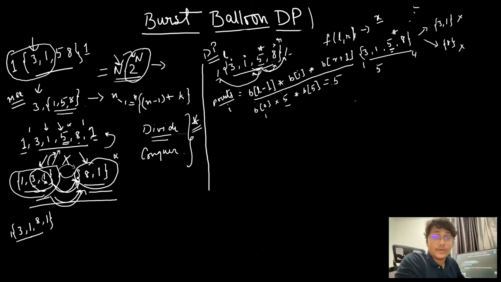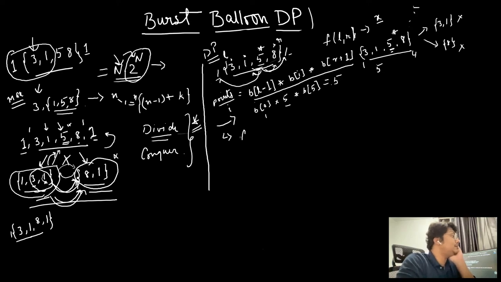So we looked at the first part of the problem. This is part one. Now let's look at the second part of the problem. What is the second part? How do we consider the solution which is coming from the left hand side and the right hand side? Now, if you look at the problem statement or our function signature, what does that mean?